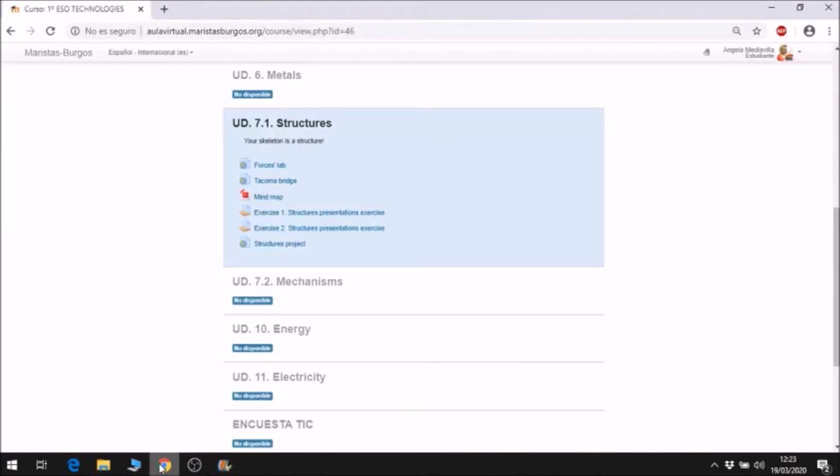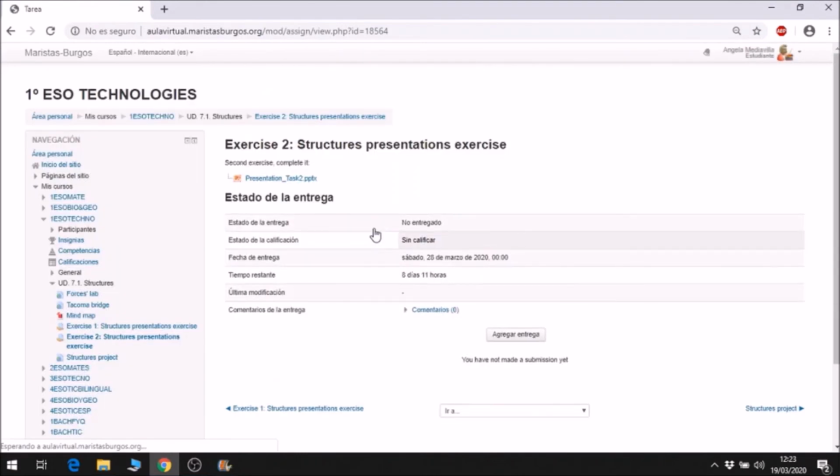Once you finish with the activities, let's explain the homework. Exercise 2, Structures Presentation Exercise. You can download it from this link.